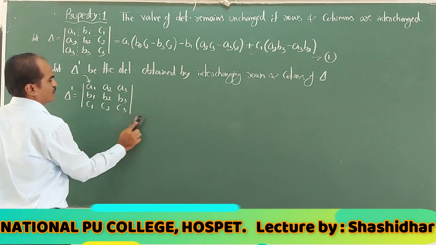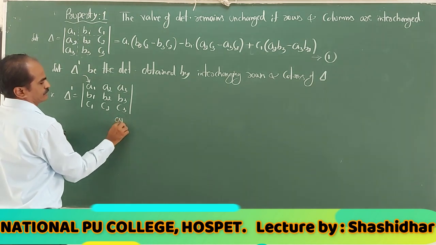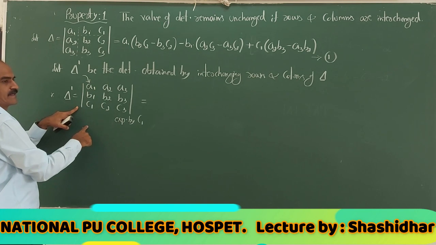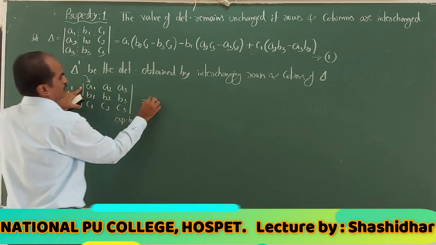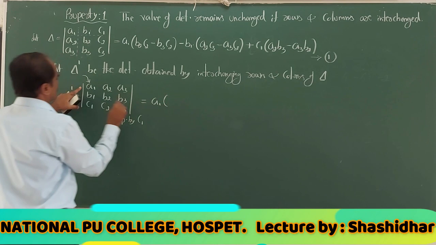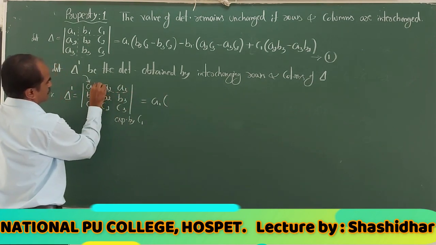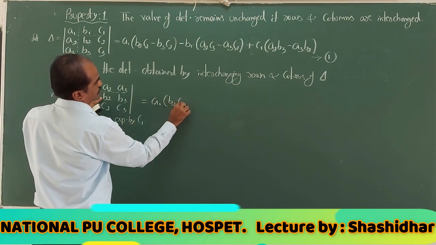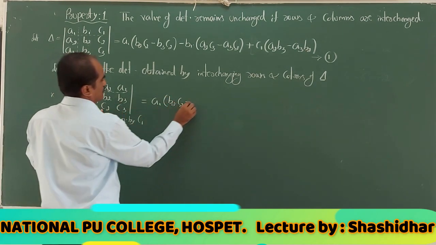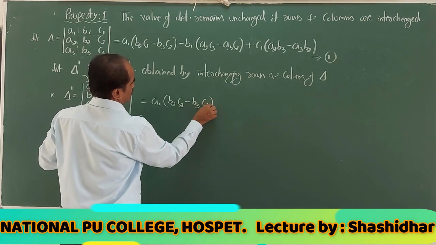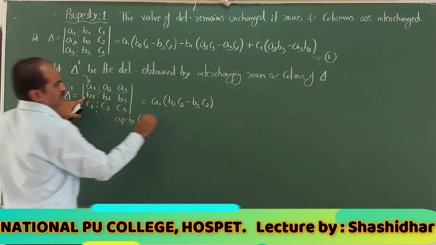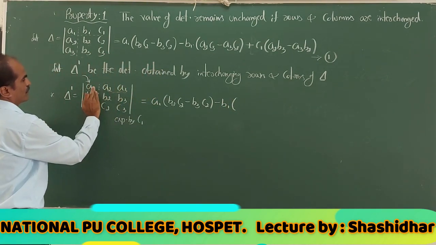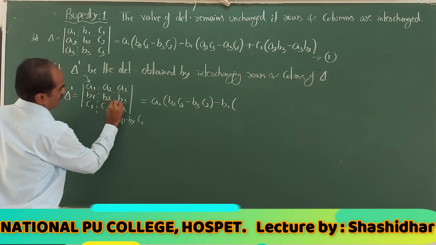Expanding by first column. What are the signs I have to use? Plus, minus, plus. Plus A1 into, now leave first row, first column: B2 C3 minus B3 C2. Next element B1, minus B1 into, now you have to drop first column and second row.